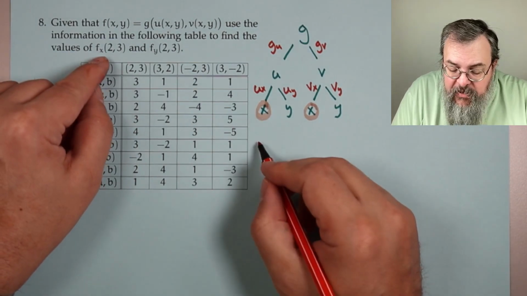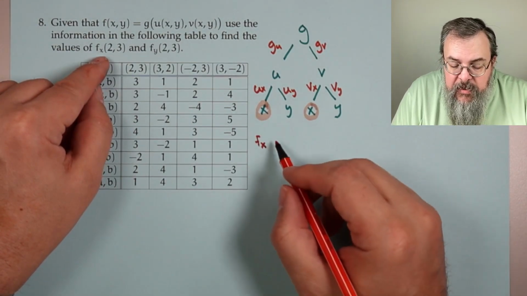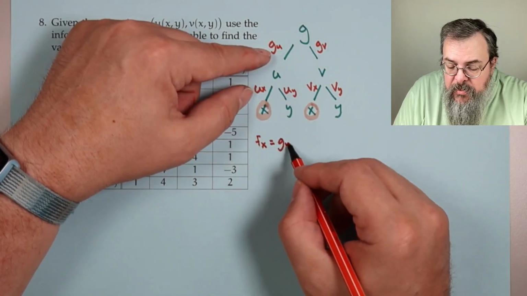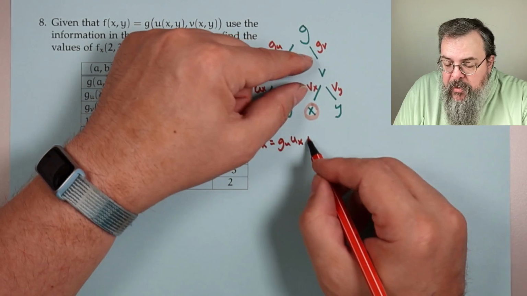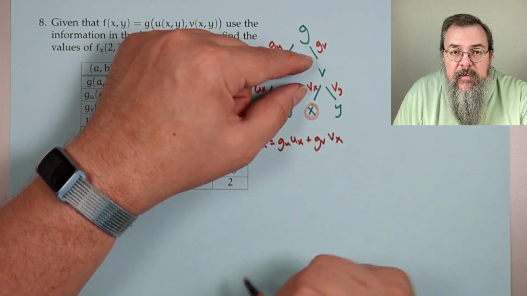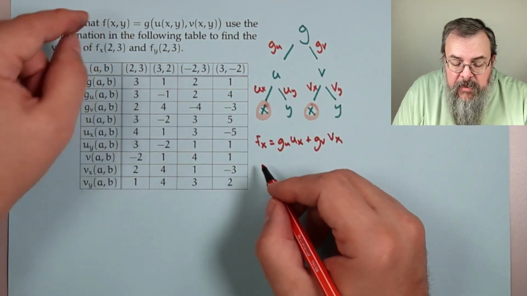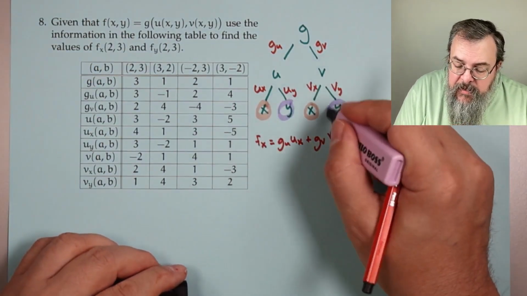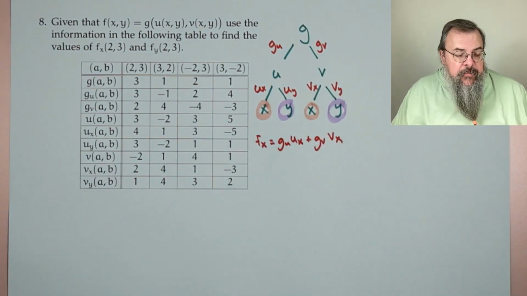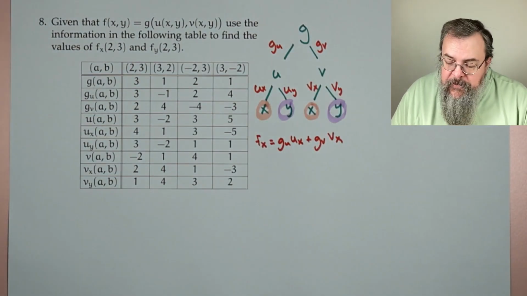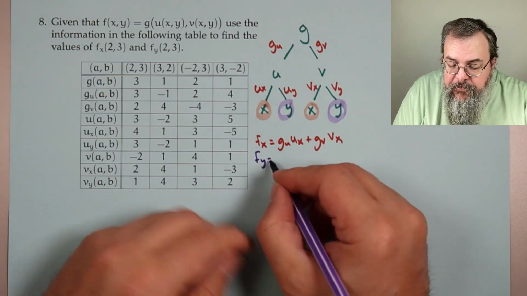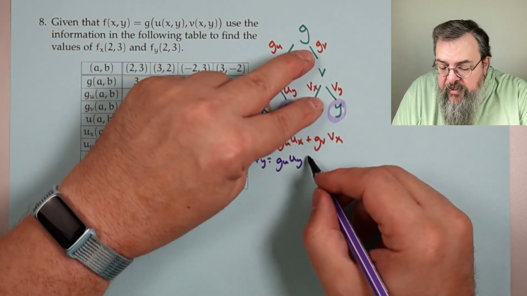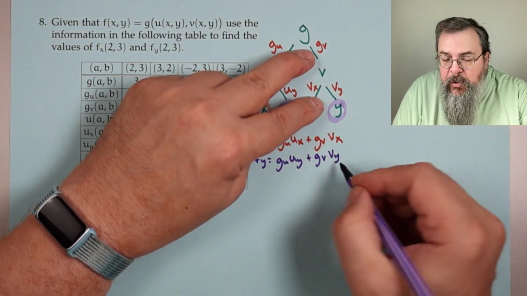So F sub X is equal to, follow the road, G sub U, U sub X, plus G sub V, V sub X. And in a similar way, if I want the derivative with respect to Y, there's two Y's. So F sub Y is G sub U, U sub Y, plus G sub V, V sub Y.